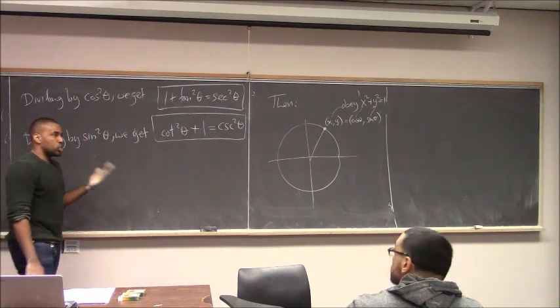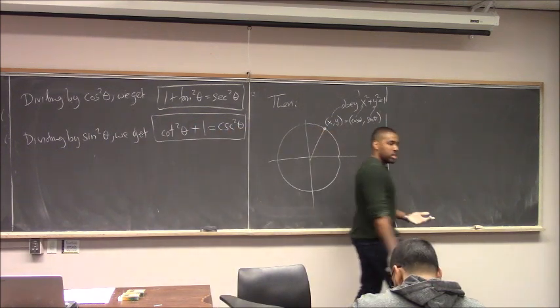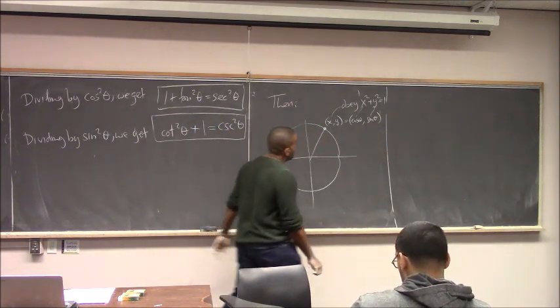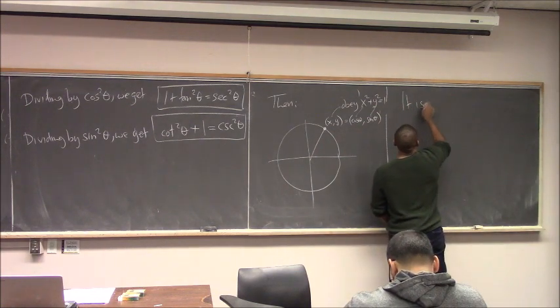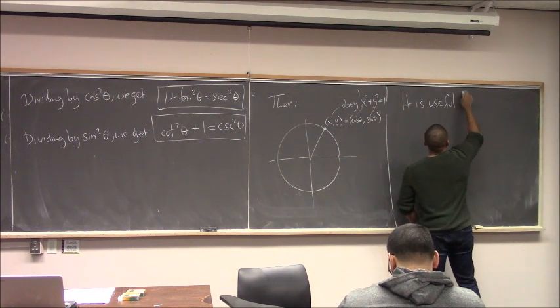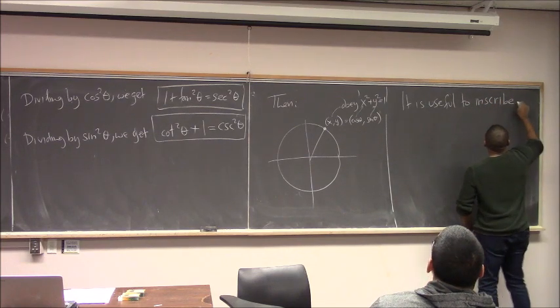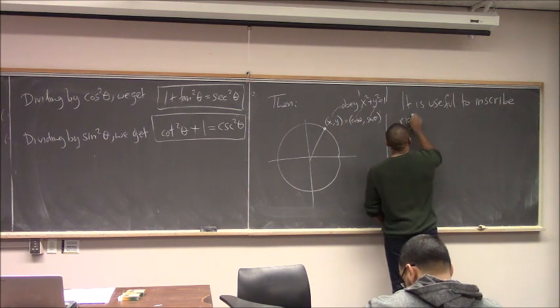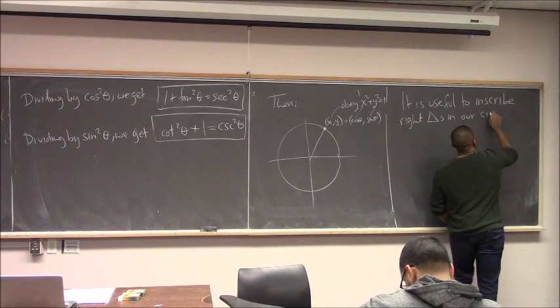Now let's see why they are called trig functions. Tri usually means 3. So it is useful to inscribe right triangles in our circles.